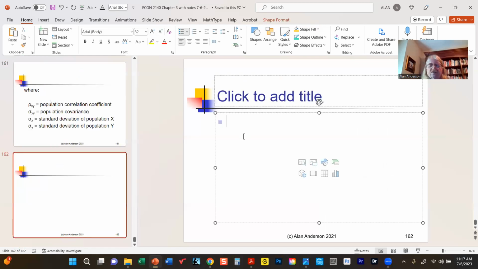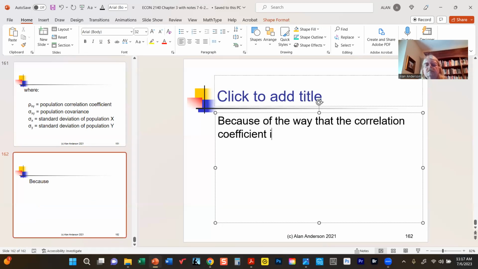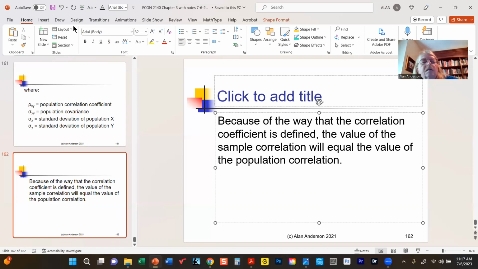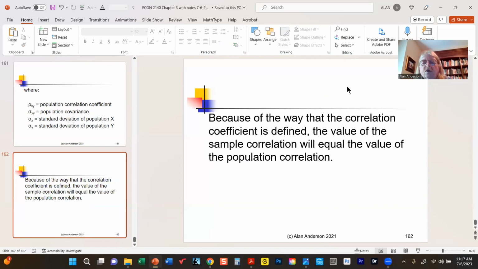Because of the way the correlation is defined, the value of the sample correlation will equal the value of the population correlation. You should make sure you know which is which, but you'll always get the same numerical results from both of them, which is not true with the covariance, the variance, or the standard deviation.